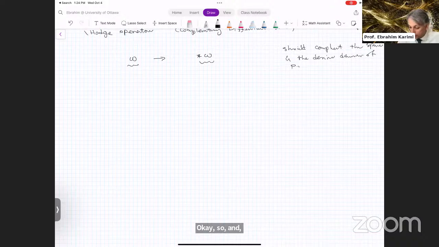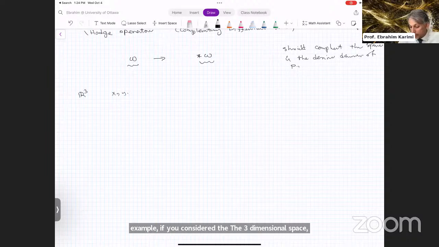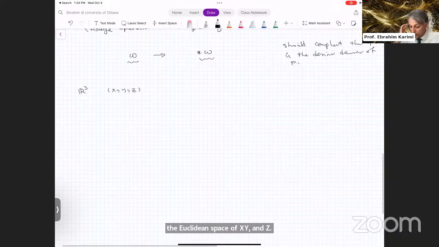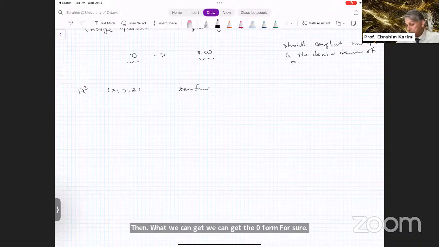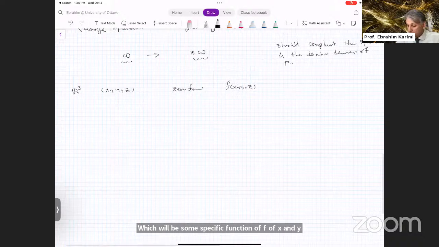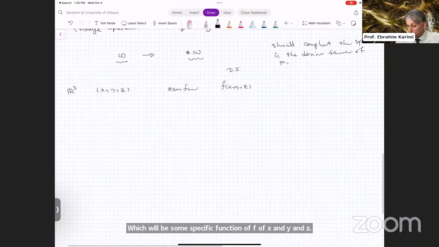We say that, for example, if you consider the three-dimensional Euclidean space of x, y, and z, then we can get the zero form for sure, which will be some specific function f of x, y, and z. This is the zero form, and let's call this the differential form.